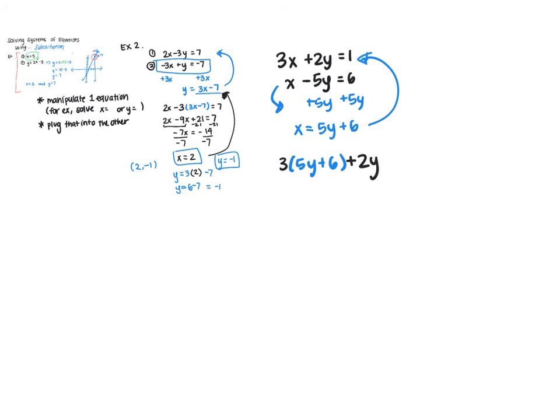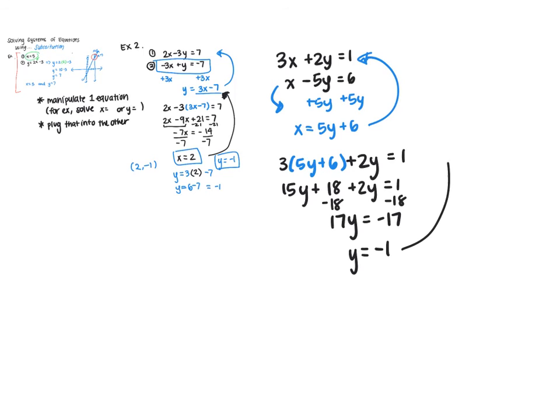plus 2y equals 1. That'll be 15y plus 18 plus 2y equals 1, which gives us 17y equals, subtracting 18 from both sides, negative 17. So y is negative 1.